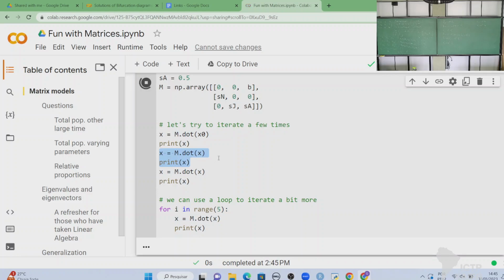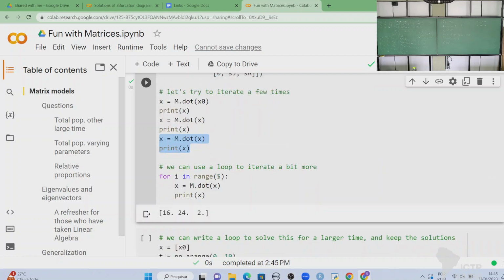I have now 16, 24, and 2. And if I do it once again, this is now 8, 12, and 18. I think we didn't go up to this step on the board.